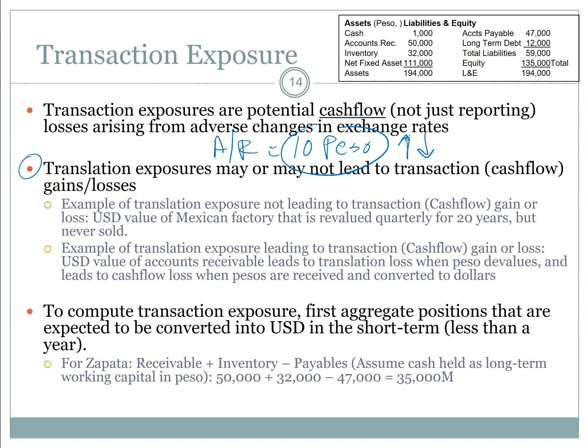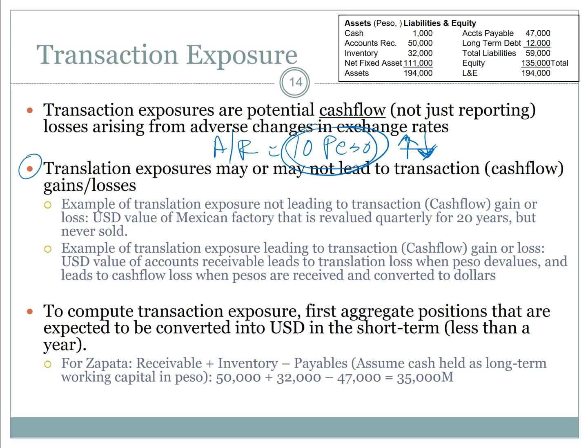And that's called the translation gain or loss. But it's never a cash flow gain or loss until it actually comes due. When your customer pays you your 10 pesos, and you take those 10 pesos to your bank and convert them into dollars, if that is different than what you're expecting, then that would be an actual cash flow loss.